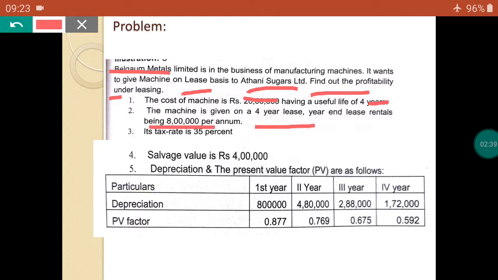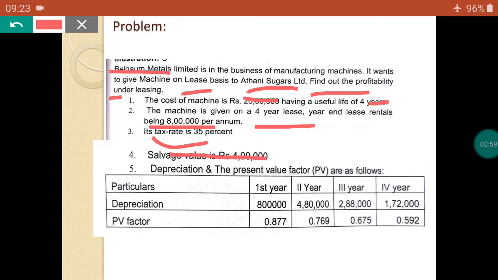The tax rate is 35%, and the salvage value is rupees 4 lakh after 4 years.